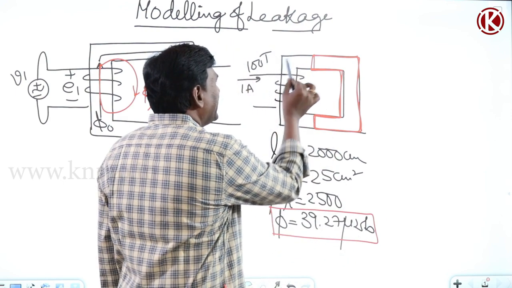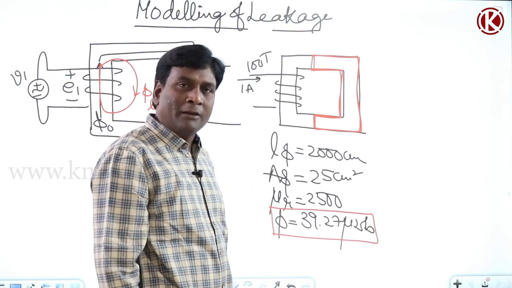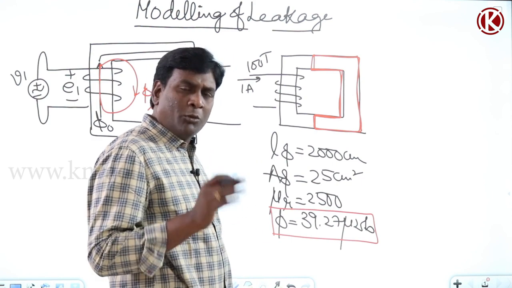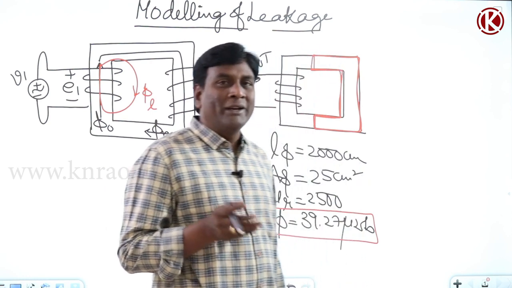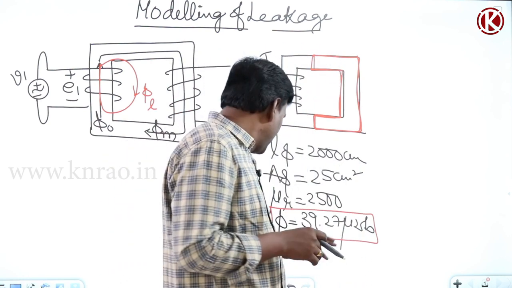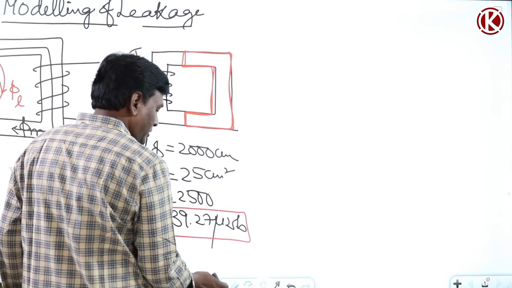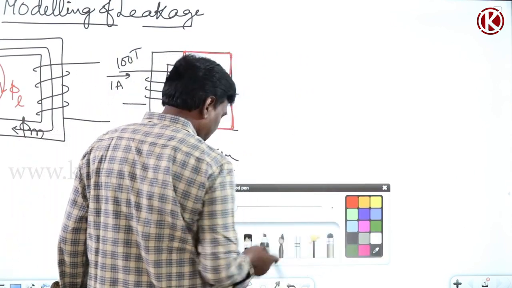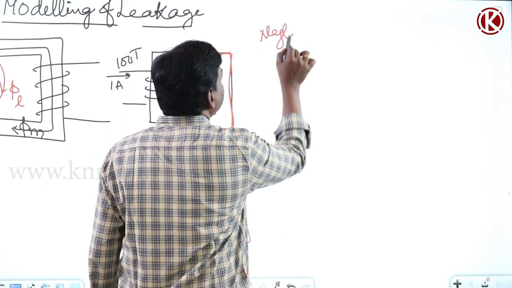Here also around 50% of the flux path is in magnetic and 50% in non-magnetic. Again, the moment it's non-magnetic, we have to neglect fringing. So by neglecting fringing, let me continue the analysis.